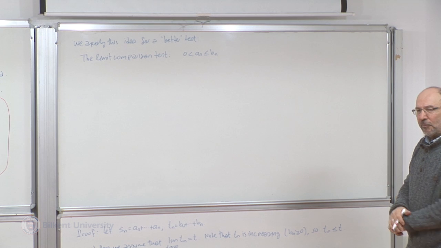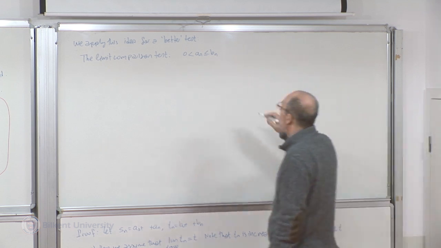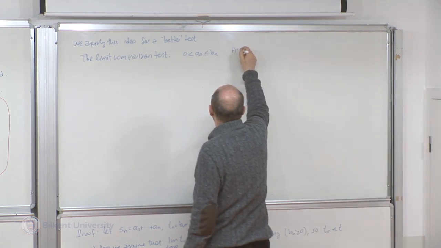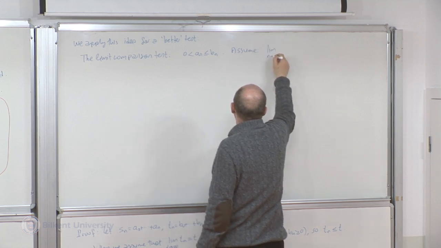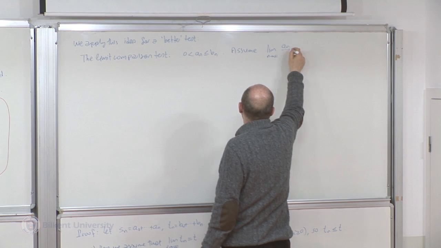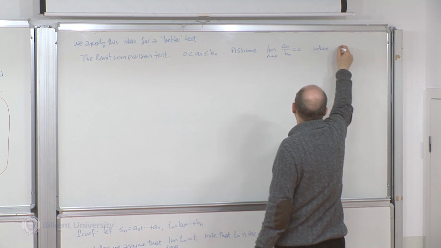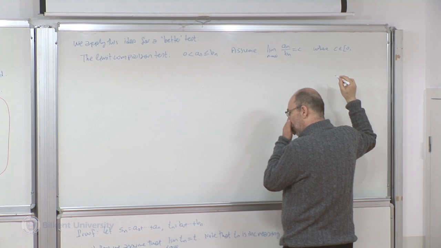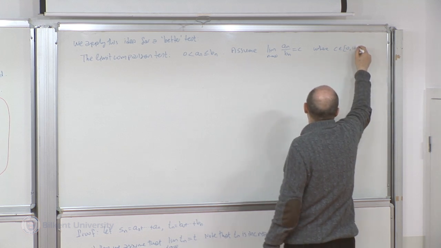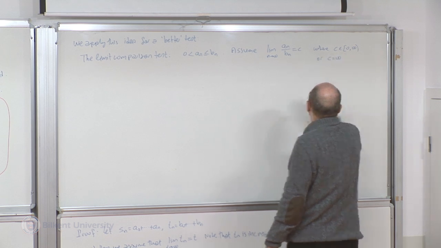Some of them may be 0, but from some point on they are all positive, because we'll divide by them. And assume the limit as n goes to infinity of An over Bn is equal to c, where c can be a number, 0, or infinity.